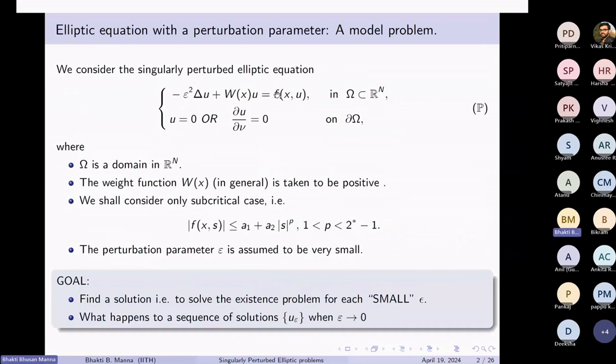So we may find different solutions for this equation at different energy levels. And as I'll explain, what is the energy level we are talking about. So for this existence part, what we shall do is write down the corresponding Euler-Lagrange equation of this equation, so that we can characterize, or we can find the solution by finding the critical point of the corresponding Euler-Lagrange equation.